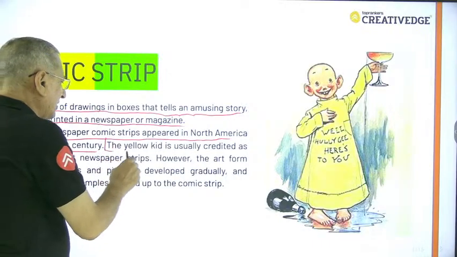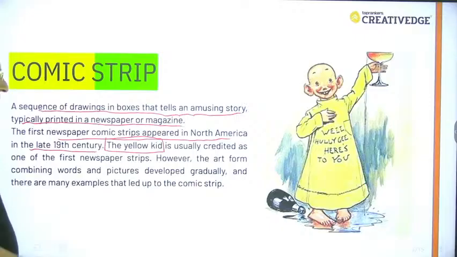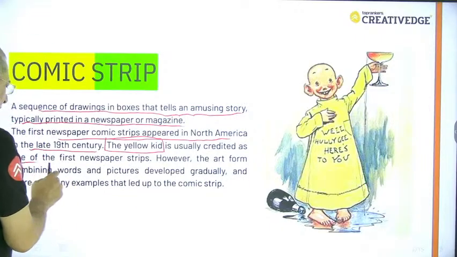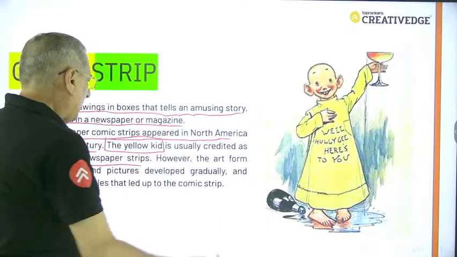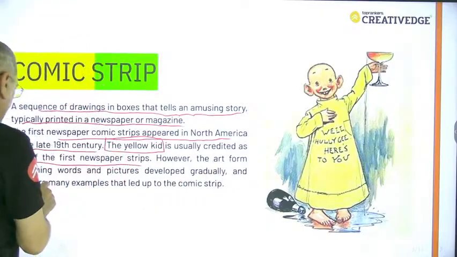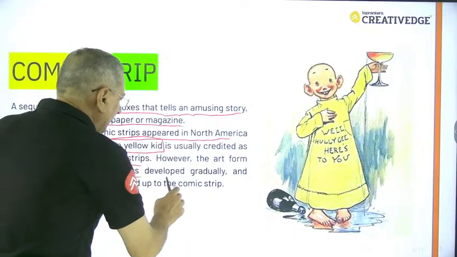That was the Yellow Kid, usually considered one of the first newspaper strips. However, the art form combining words and pictures developed gradually.